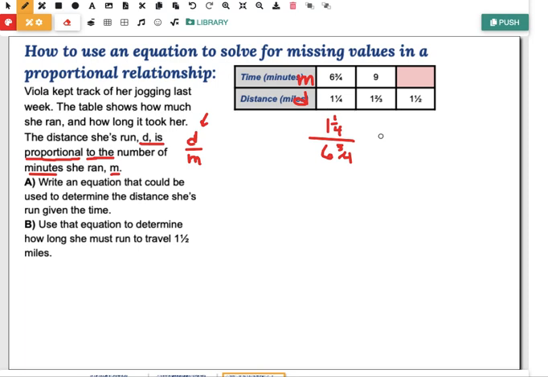I don't need to. I can just use the first one. If you type this in the calculator, 1 1/4 divided by 6 3/4, that gives you 5/27. So as you know, this is equal to D over M.